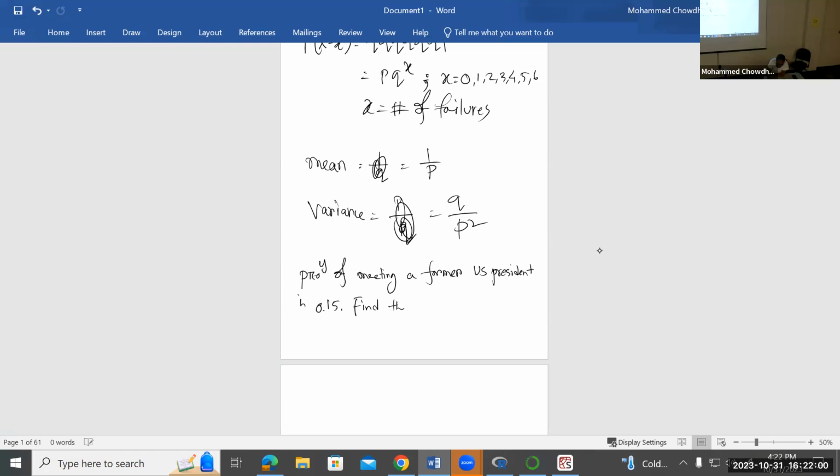Find the probability that a person meets President Clinton at the 9th try.